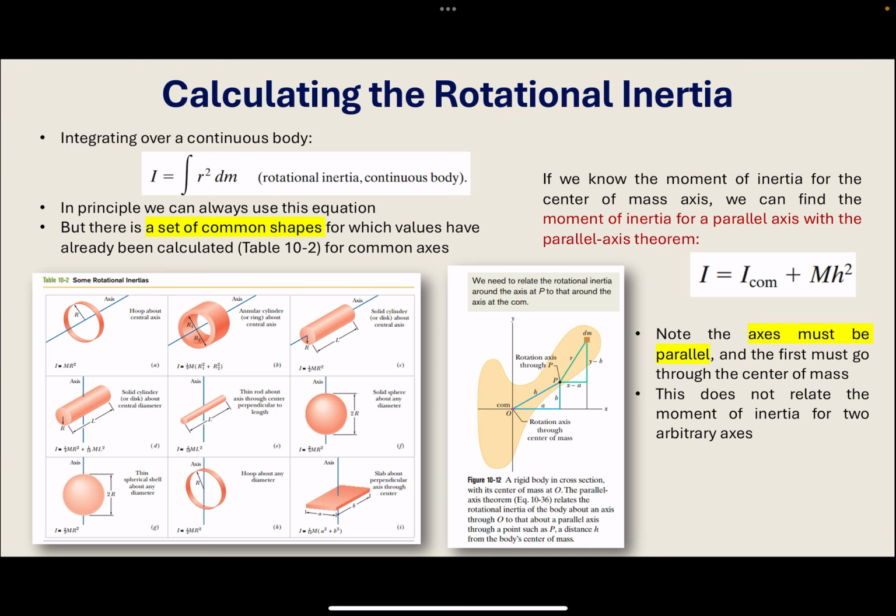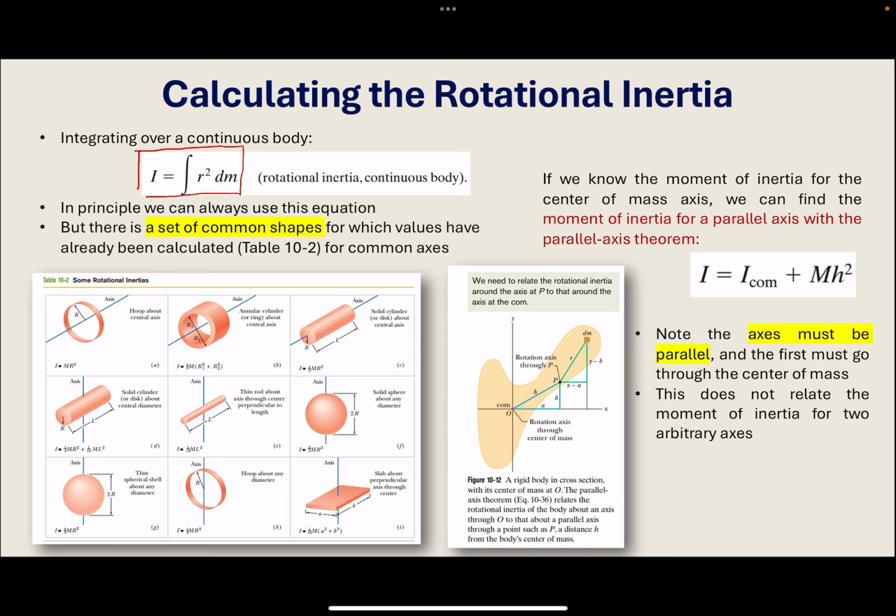Now that we understand what the moment of inertia I represents, the resistance to rotational motion, let's see how we can calculate it. For a continuous body, we use I equals the integral of r squared dm. This means we sum up every small mass element dm multiplied by the square of its distance r from the rotation axis.